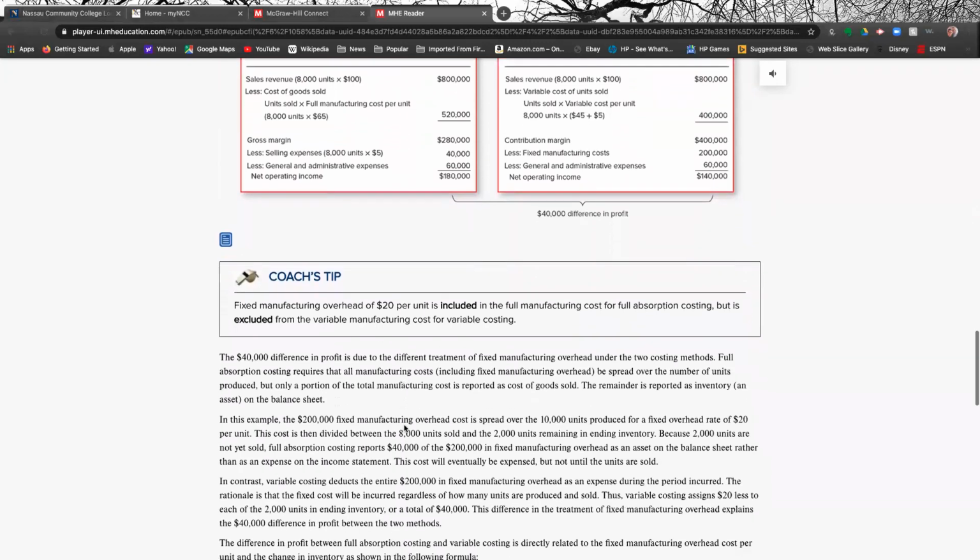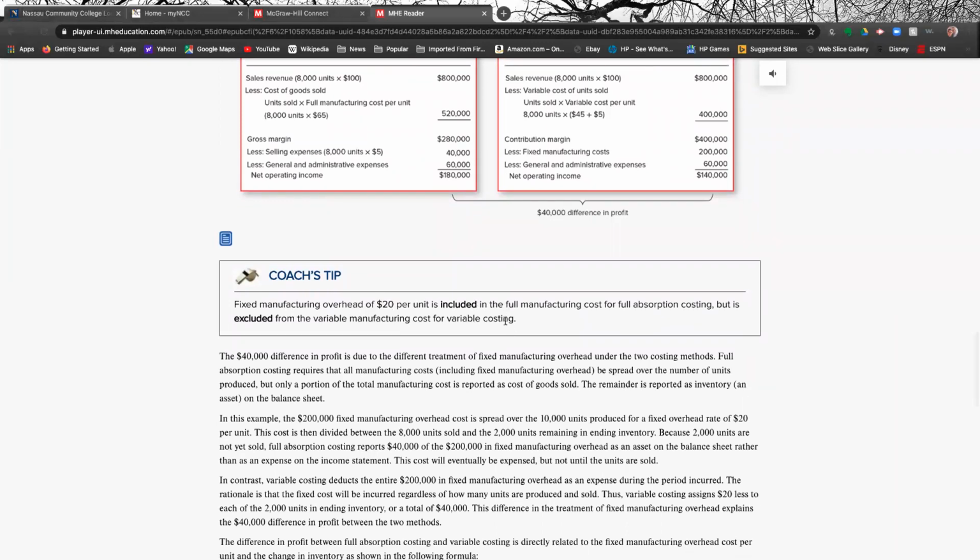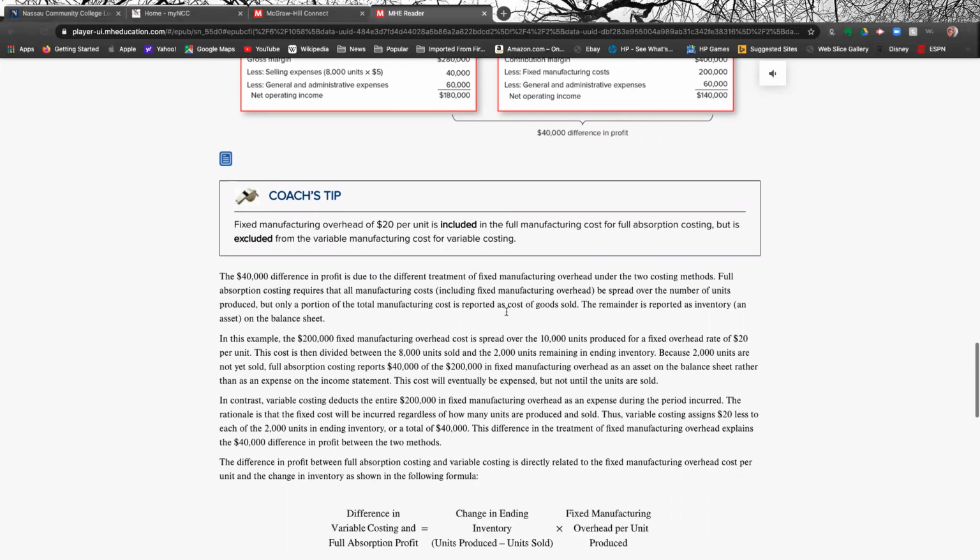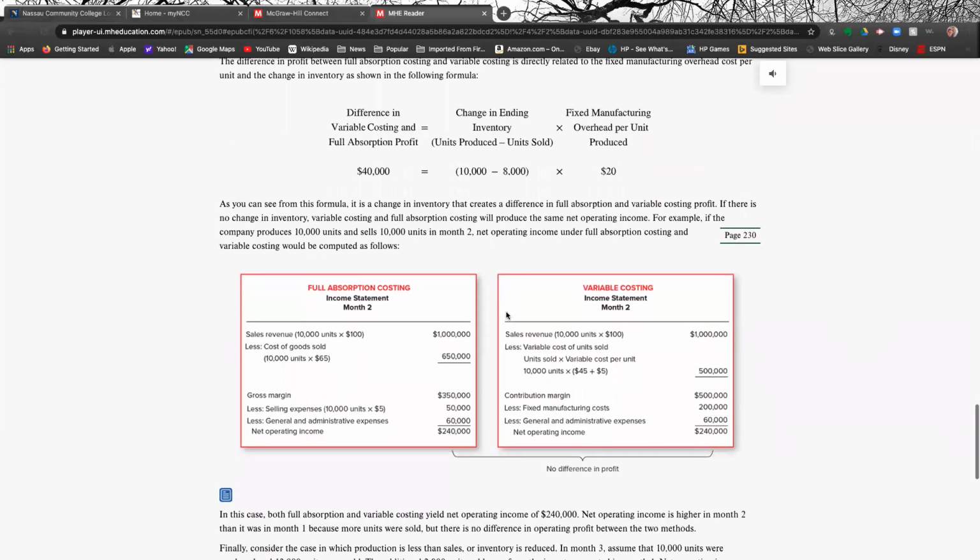And here they're telling you that the fixed overhead of $20 a unit is included for absorption costing, but it is not included for variable costing, right? That's the reason. So if you go through the illustration and you walk through the numbers, you'll see that. You'll also see it in the homework problem we're going to do.